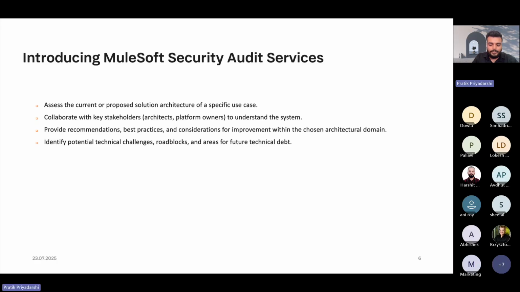What we do is we give you a rare vantage point. We try to see your MuleSoft environment, your MuleSoft infrastructure, in the same manner that an attacker would, and how it will be seen by an auditor for GDPR or HIPAA, right? So we look through that perspective.